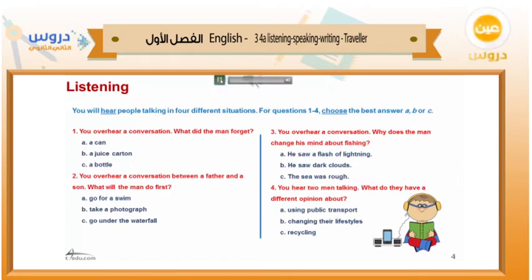Okay, ready? Let's go. Hey, don't leave your bottle on the beach. Oh yeah, I forgot to pick it up. It really upsets me when I see litter on the beach. Look at that. Someone's left a can over there, and an empty juice carton. Look at that waterfall. Isn't it beautiful? Yes, it's unbelievable. This place is amazing. The rainforest is full of wildlife. I think I'll take a photo of the waterfall. After you've done that, shall we go for a swim? Great idea. We could even go under the waterfall.